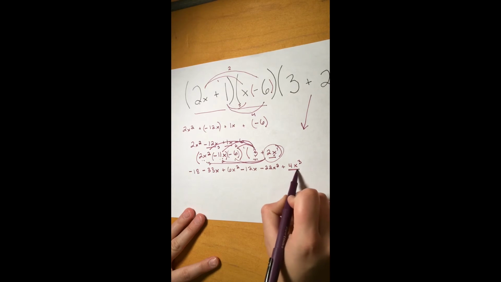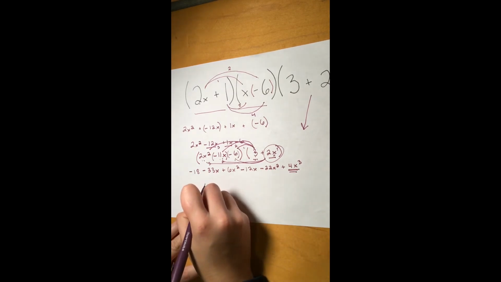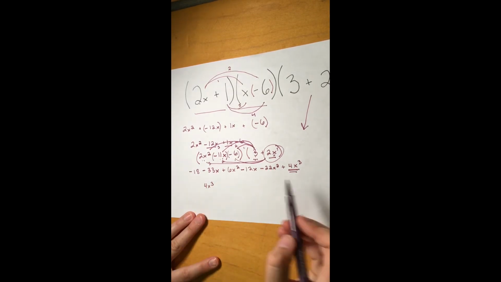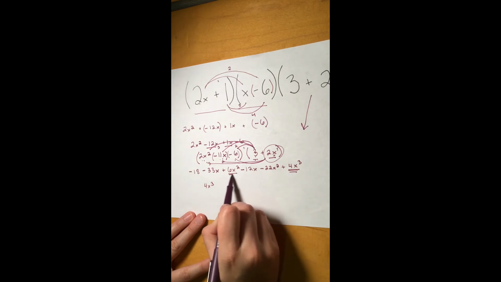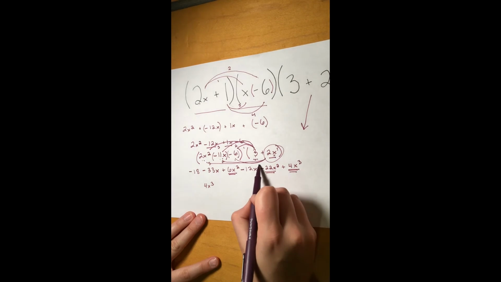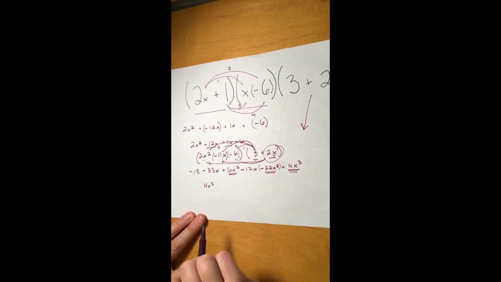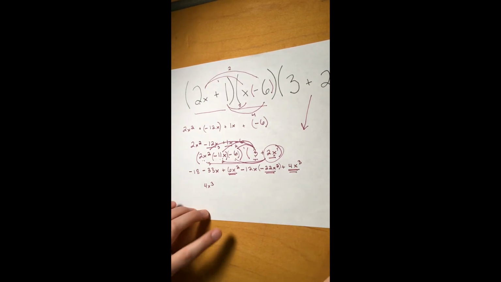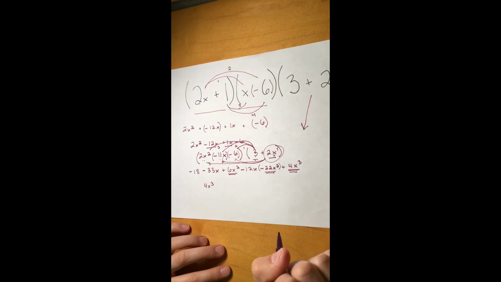So we only have 1 with the third power. Gives us 4x cubed. Look for our squared. 6x squared. Again, this stays with the number. You have a lot less errors on your signs if you do it that way.